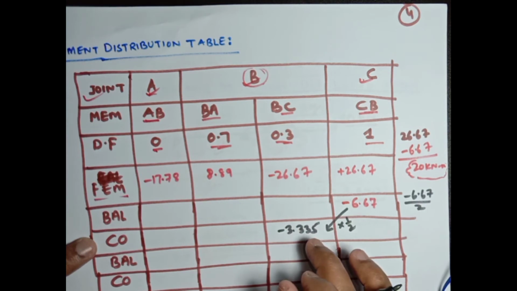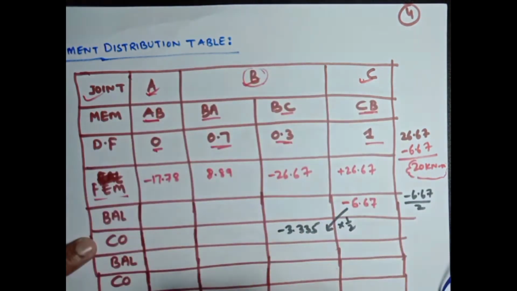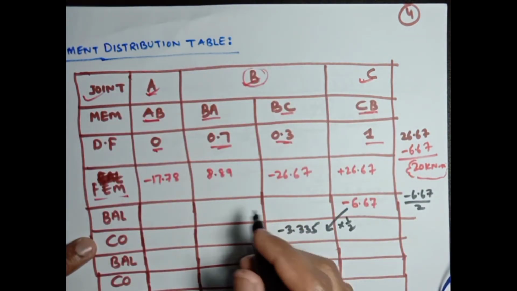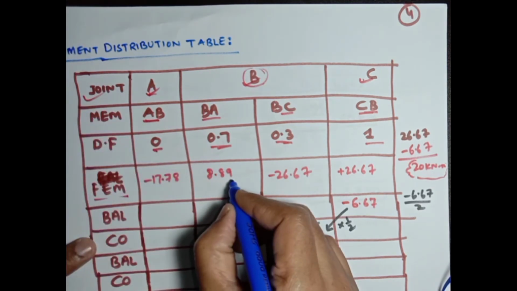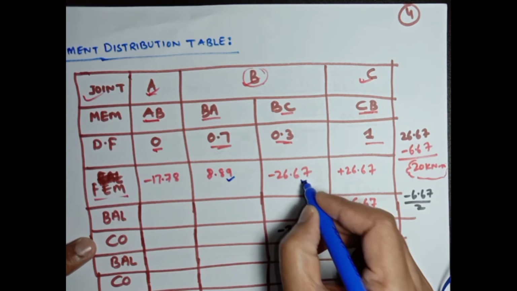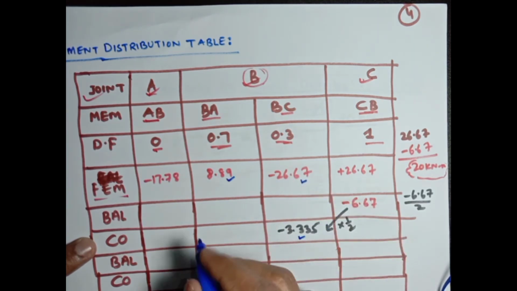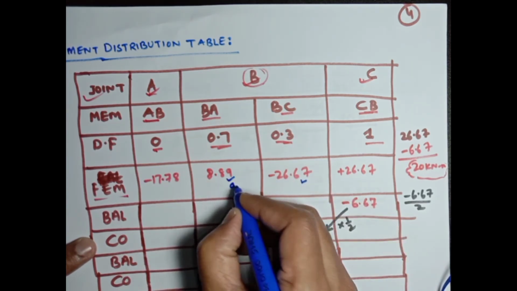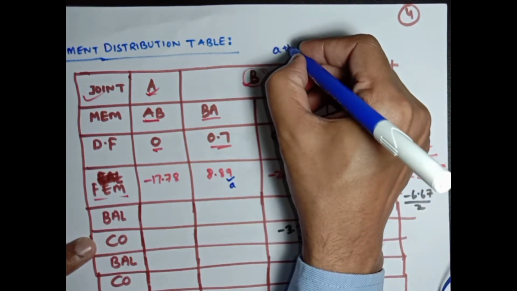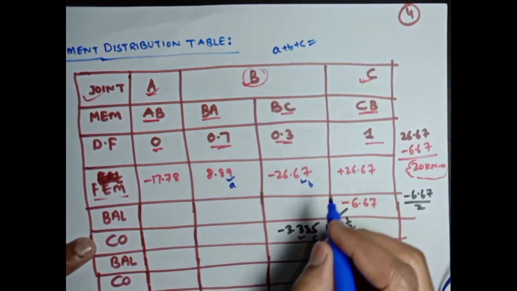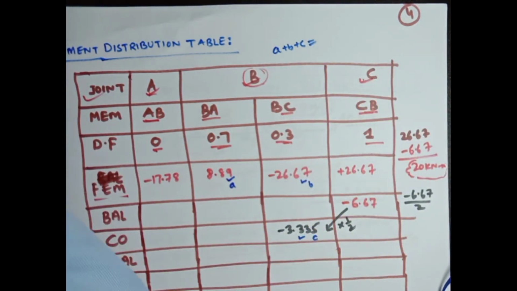So now again we need to balance joint B. Yes, so we need to add these moments. There is moment 1 here, this moment, and the second moment is this, and the third moment is this one. Suppose you designate them A, B and C. Adding A plus B plus C will give some moment which needs to be balanced.